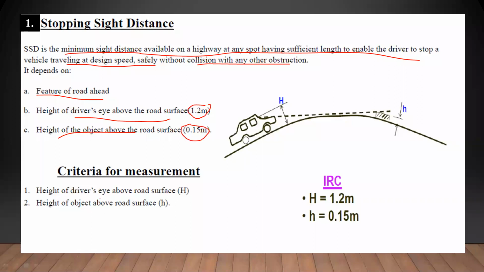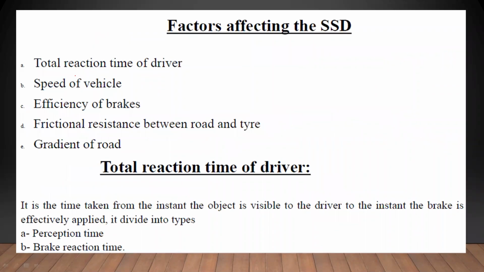These are the main important criteria while considering the stopping sight distance: the height of the driver's eye and the height of the object. If the height of the object is less than 0.15, then mainly the headlight sight distance comes into the picture. Moving to the factors affecting this, which I discussed yesterday: total reaction time, small t.